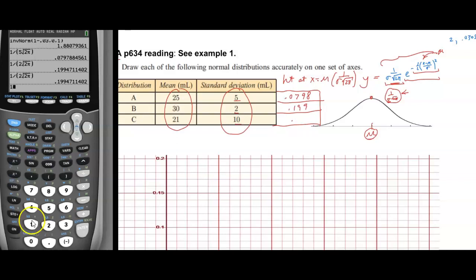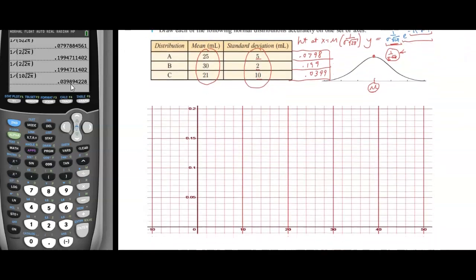So that should be the shortest of the three because it's the widest. 10 square root 2 pi, right arrow, enter, 0.0399. Is that right? Yeah.